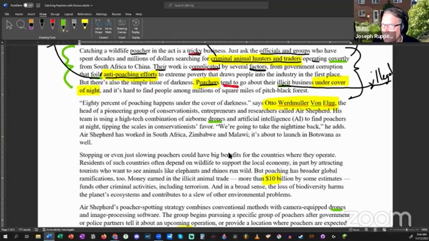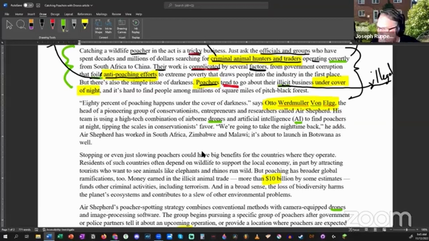If a drone is using a camera. So that's the idea we want to understand. Oh, AI? What in the world? What is this AI?